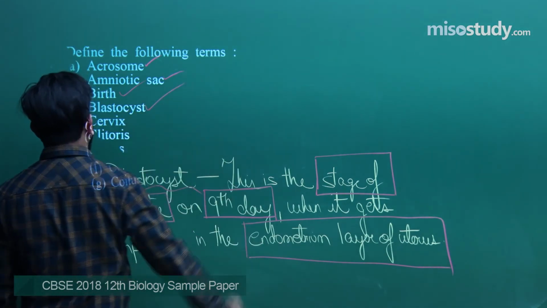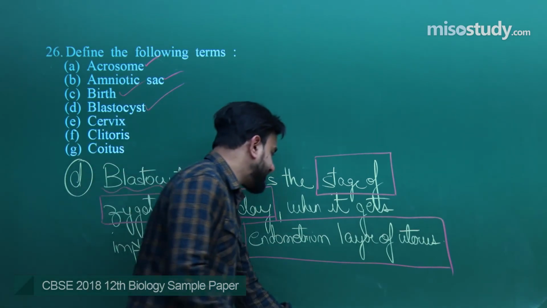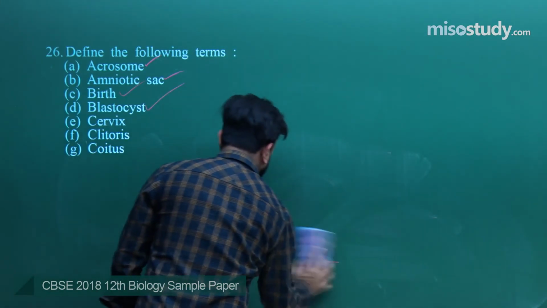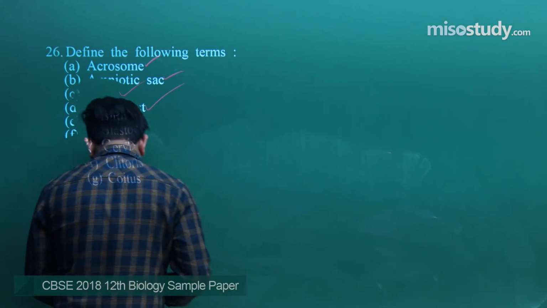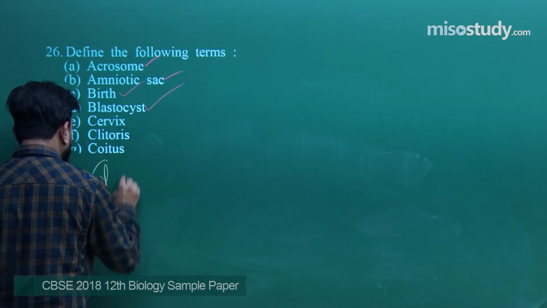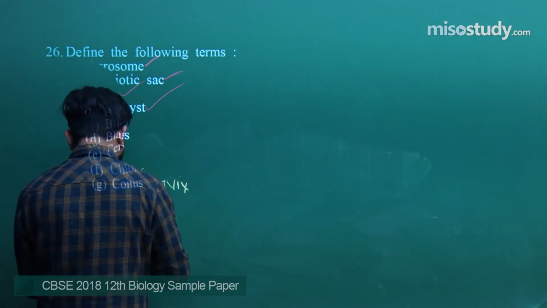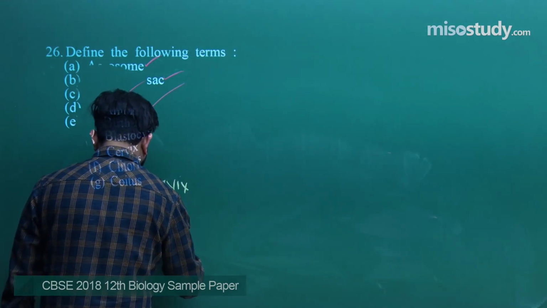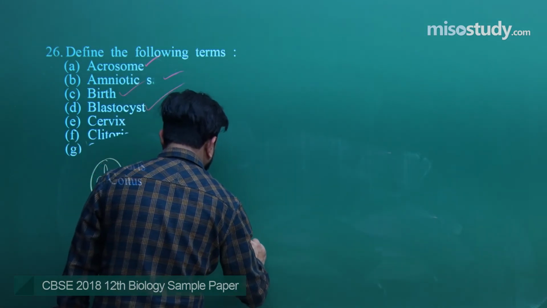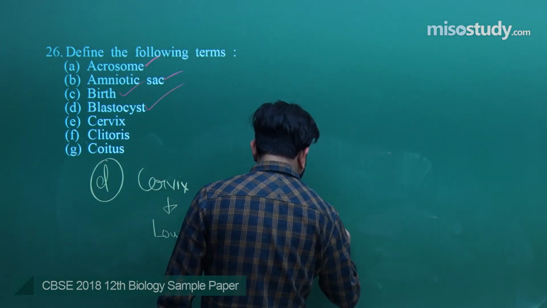Got it? Now cervix. Cervix is the neck of the uterus. So I can write this here as D. Cervix is nothing but the lower part or neck of uterus.